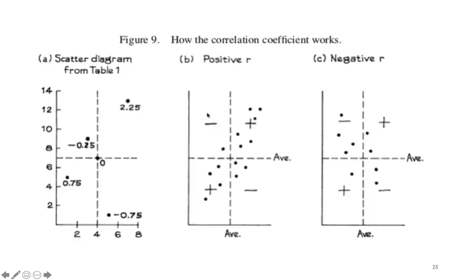But if a point is on this quadrant or this quadrant, the second or the fourth quadrant, then that point will have a negative product because this point is above the average of the y. It has a positive standard unit, but because it's on the left side of the origin of the x axis, it has a negative standard unit in the x direction.